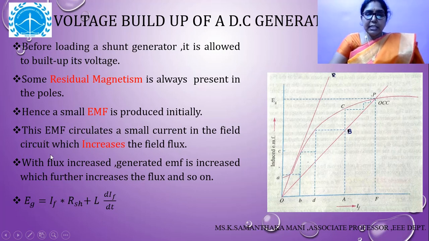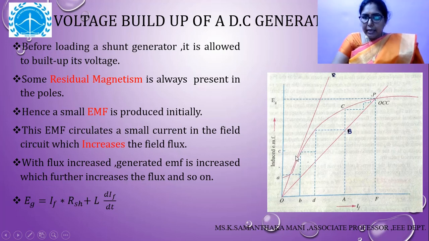This EMF circulates a small current in the field circuit, which increases the field flux. With the flux increased, the generated EMF increases, which further increases the flux, and so on. So the initial voltage is OA. With this voltage there is a corresponding field current, and with this field current the EMF increases up to point C.